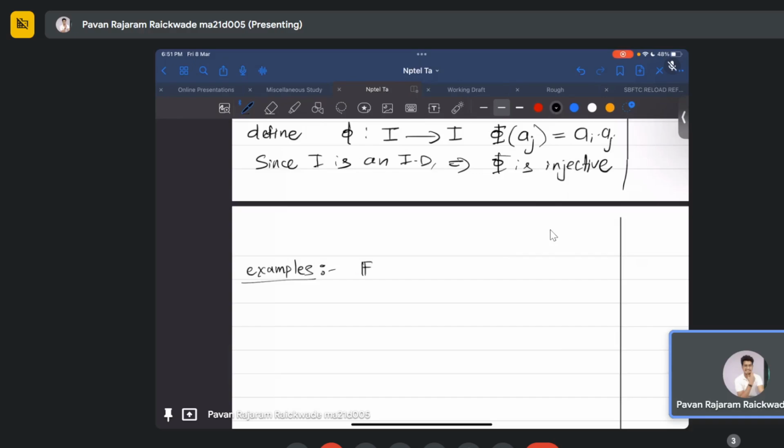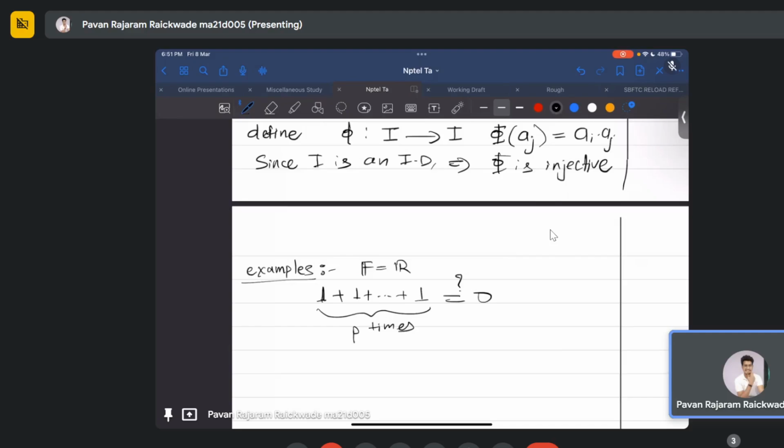Examples. Suppose you take f to be the real numbers. Now tell me, in the real numbers the identity is 1 only, right? So if I add 1 finitely many times, let's say p times, do I get 0? No, right? Naturally, this is absurd, adding 1 to real numbers and expecting 0.